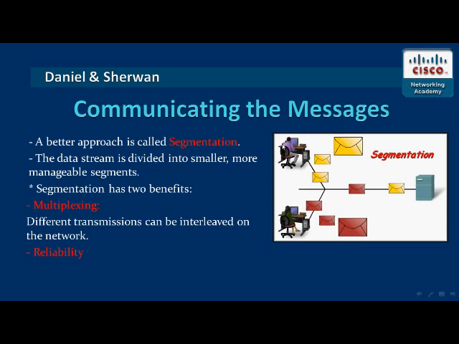The advantage of multiplexing is that there are no delays, and it's very quick and very reliable. But the disadvantage is that the network is going to be very congested. There are a lot of messages going through, and sometimes the network can crash or even freeze.